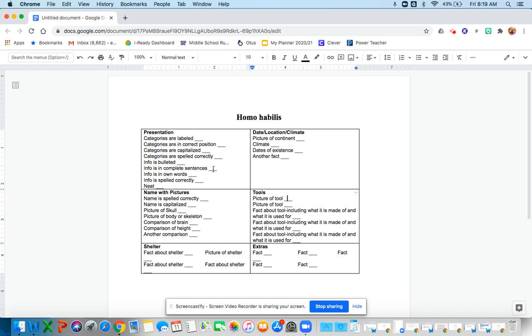They have to be in complete sentences, etc. This is the name with pictures, which will be Homo habilis, and then you're going to put in the picture of a skull, a picture of their body or their skeleton, etc. Every single one of these is telling you exactly what you need to put in. Extras is anything that you did not already share here. So you can't put in, let's say, their height, because that's already over here. You're going to put in something new that you learned.